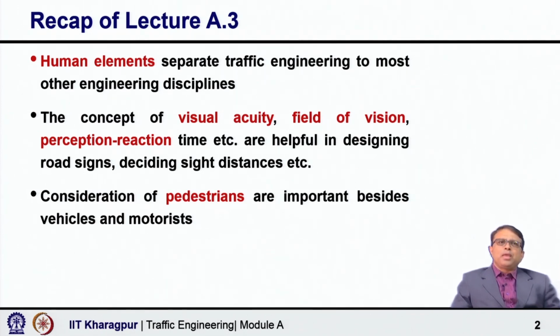For example, the design of road signs, designing the sight distance requirement, or making the signs visible. Also various characteristics of pedestrians are important for the design of pedestrian facilities, both by the side of the road, walkways, and particularly the crossing facilities, including the design of the green time required for crossing of roads by pedestrians during the green time.